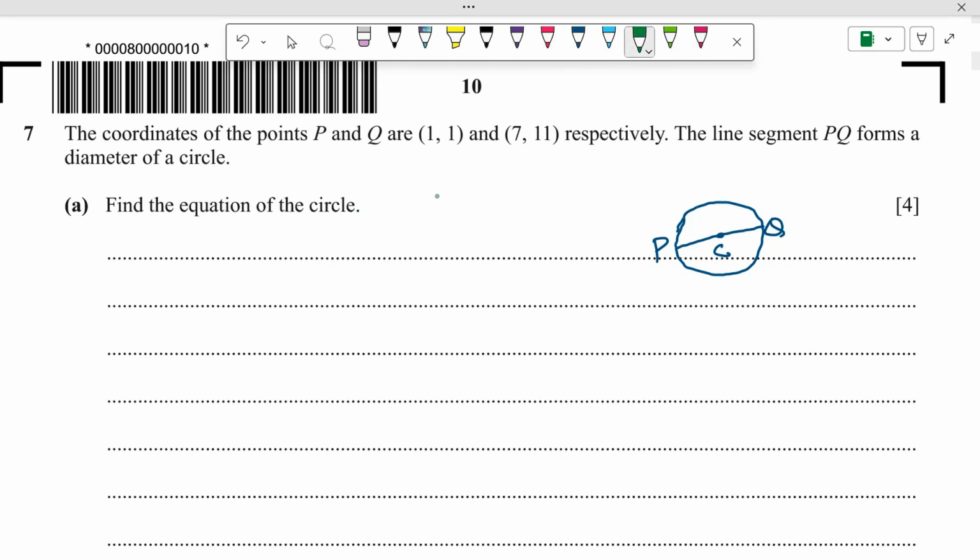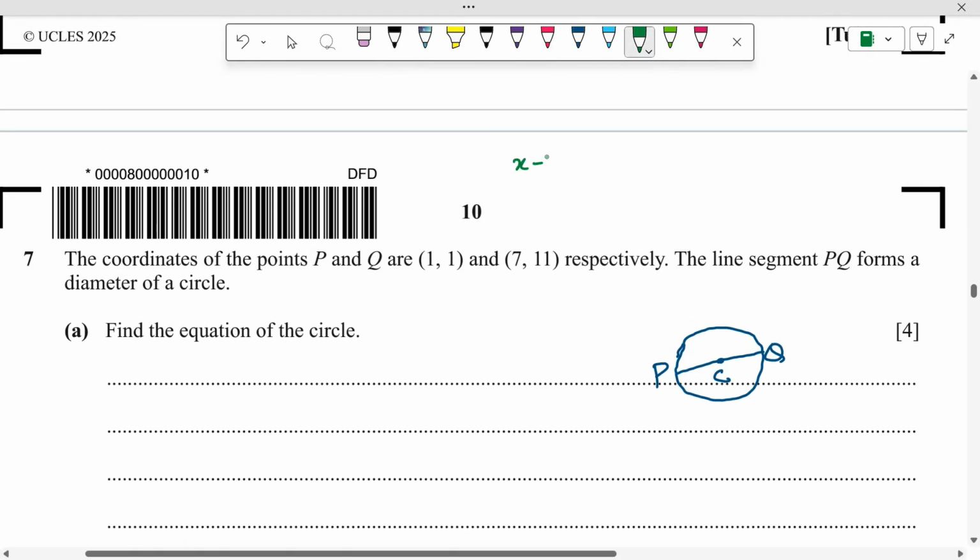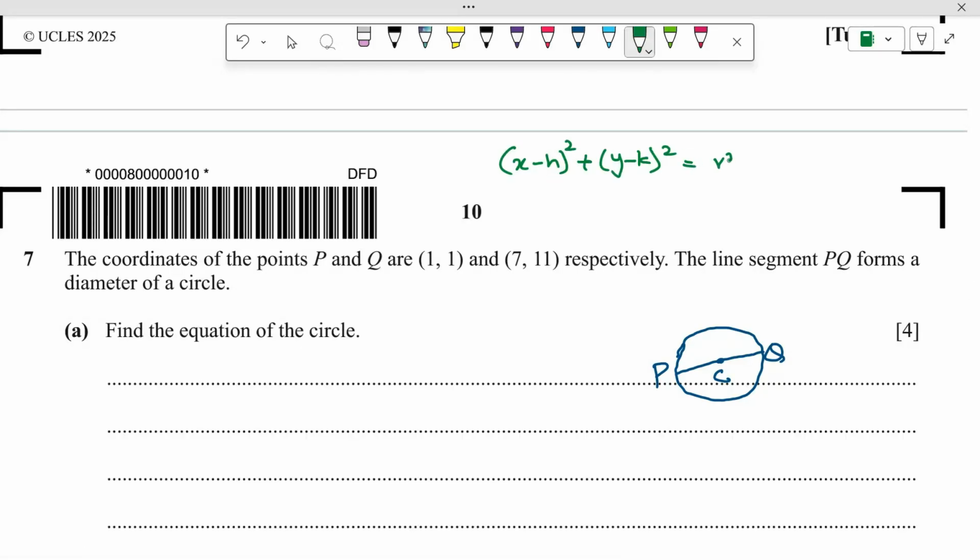We know that the equation of the circle is (x minus h) whole square plus (y minus k) whole square equals r square. In this case, h and k is the center, with r the radius.